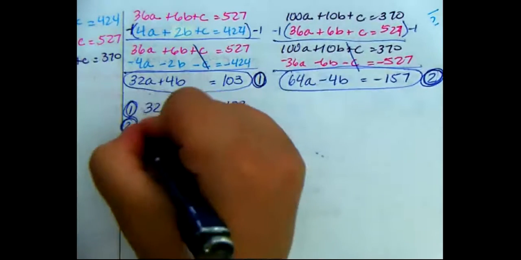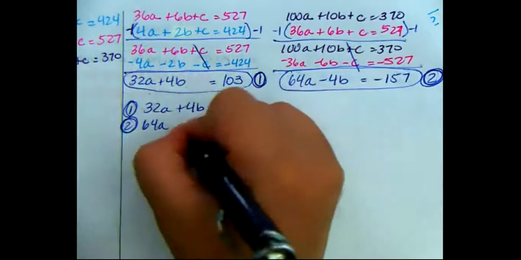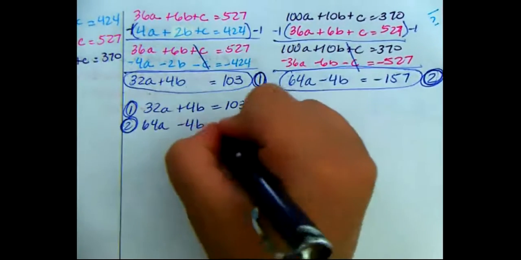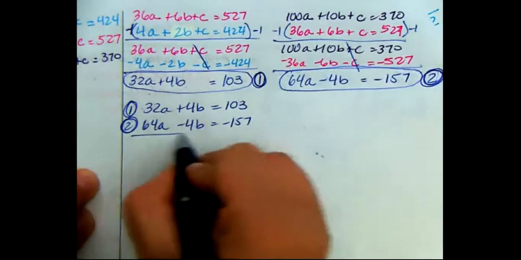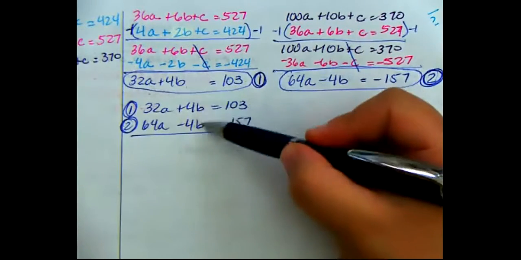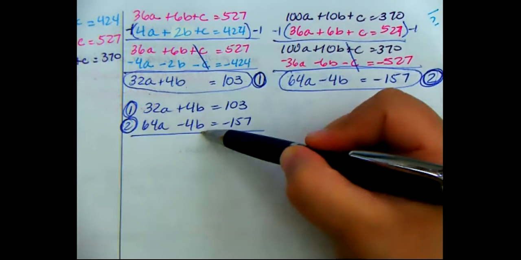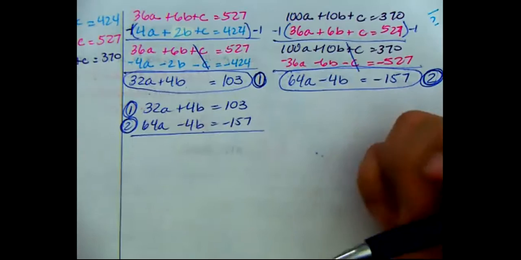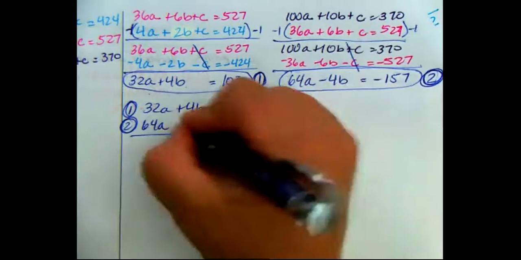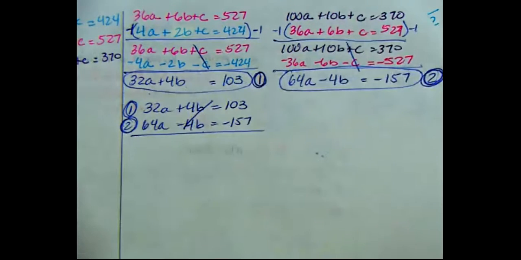And we have 64A minus 4B is equal to -157. So now check this out. We automatically have two variables that are going to cancel. I have a positive 4b and I have a negative 4b, so I don't need to change anything. I just add straight through.